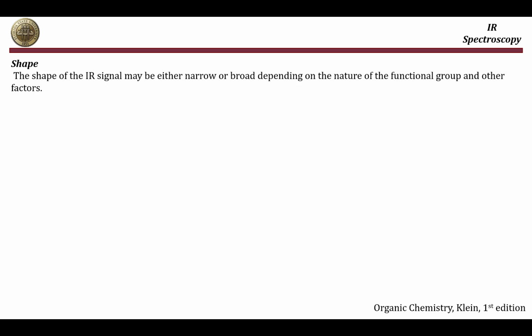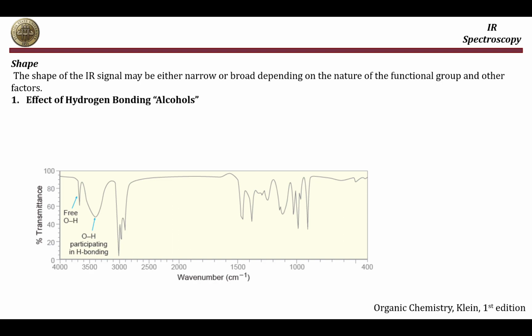The shape of the peak also gives us some information about the different functional groups that may exist in a compound. The first thing we are going to look at is the effect of hydrogen bonding on the alcohol or the OH group peak. This is the IR spectrum of an alcohol.